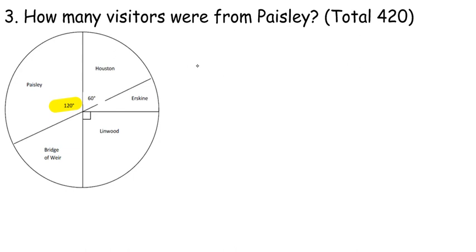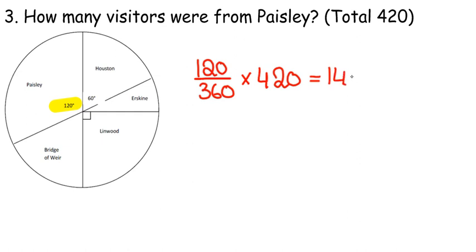So we would be looking to do 120 divided by 360 and to multiply that by 420, the total number of people. Again, this might come up later on in the course without access to a calculator, so you might want to recognise 120 would be a third of your circle, and do 420 and divide it by 3 to give you an answer of 140 people.